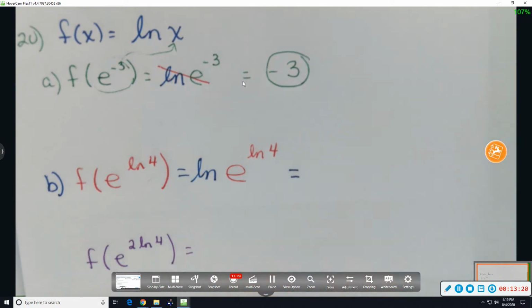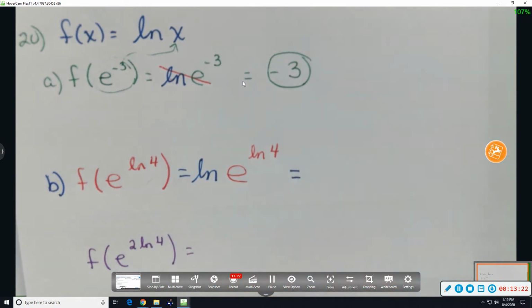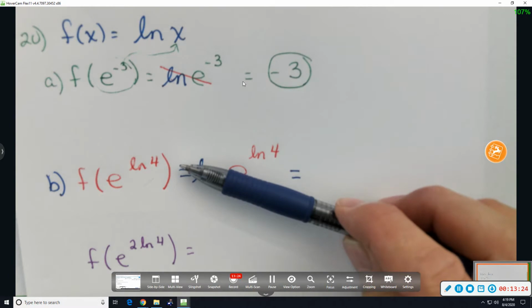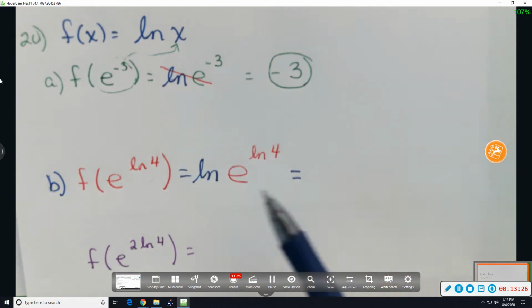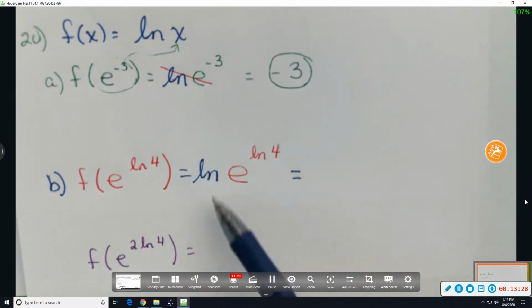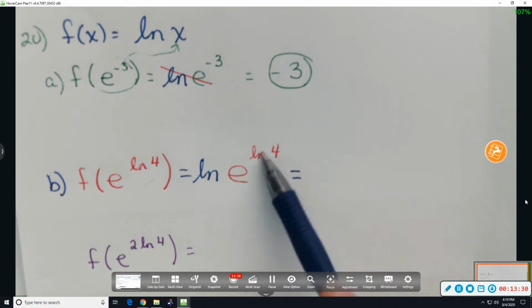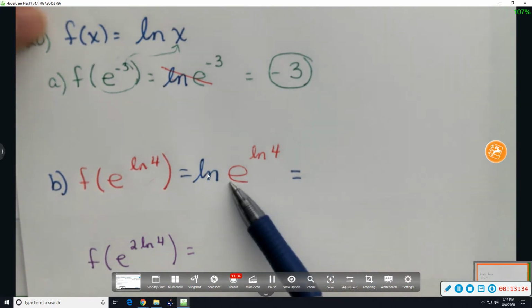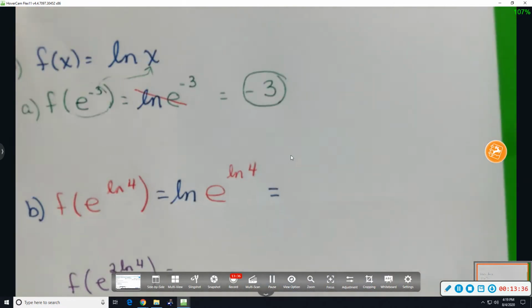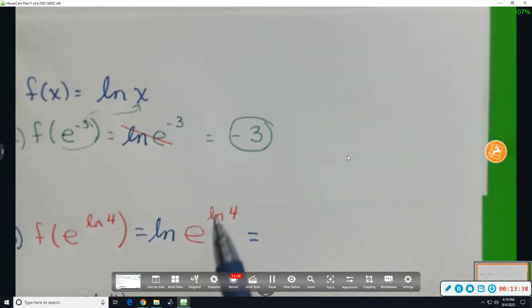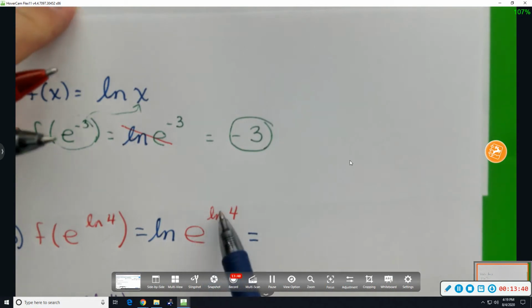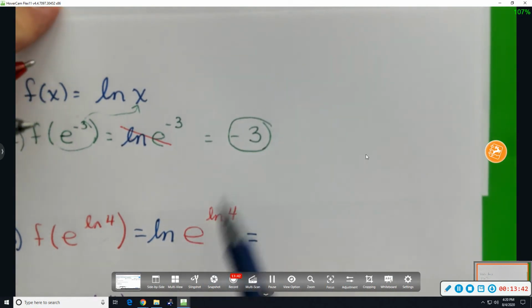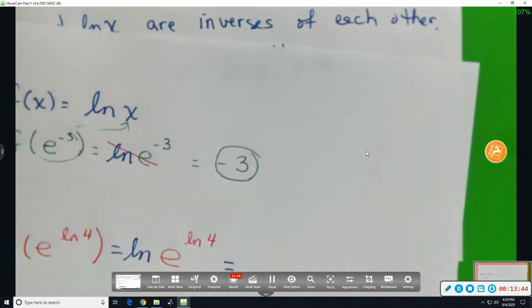And here there's actually two ways you could cancel it. The ln and e here, leaving you with the red ln 4. Or the red e and the red ln could cancel, still leaving you with the blue ln and the 4. So you're still left with ln 4.